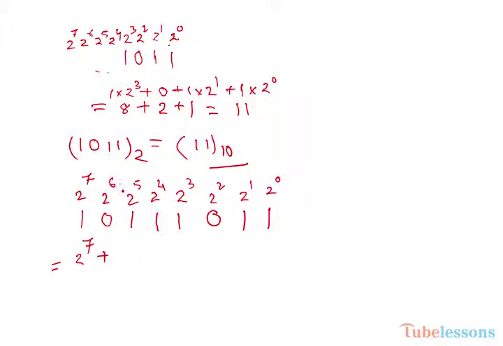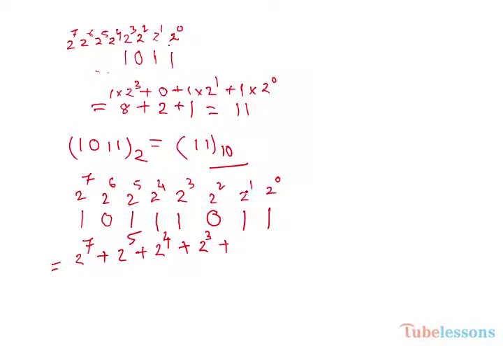So next one, 1 times 2 to the power 5, plus 1 times 2 to the power 4, plus 1 times 2 to the power 3, plus 0 times 2 to the power 2, meaning 0.